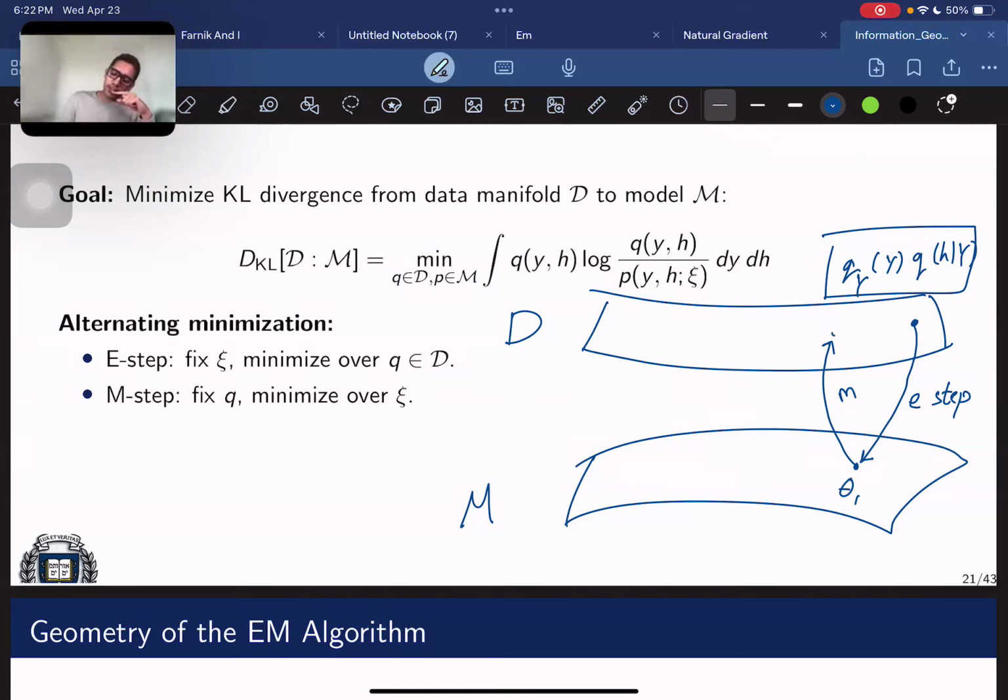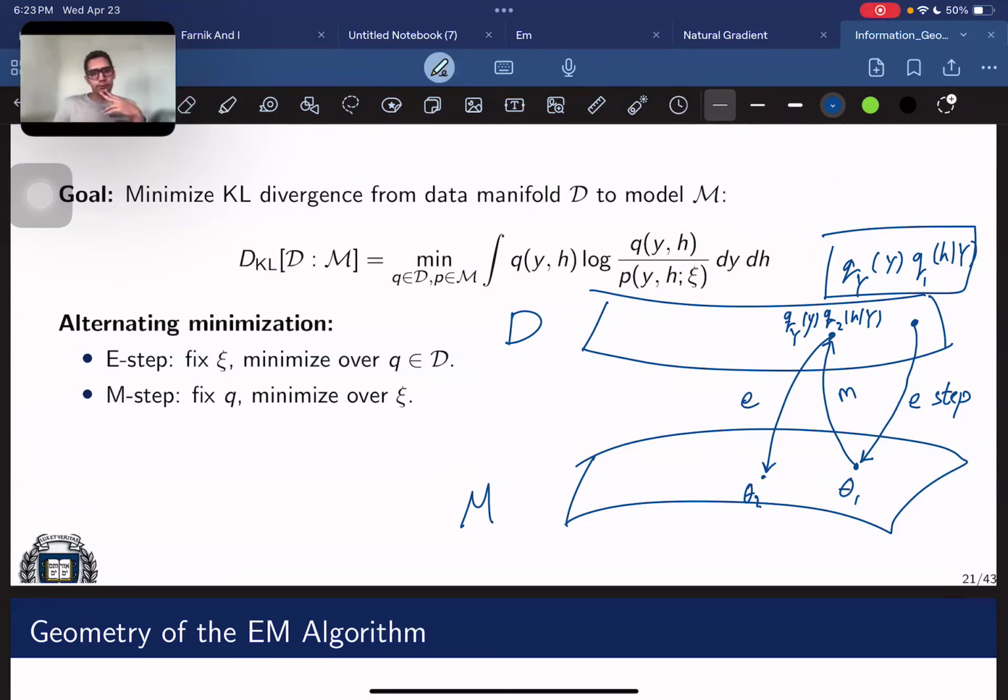What is the first distribution that this distribution is the closest to? You get another belief that your data is coming from, I call it Q1. This is another Q(Y), Q2(H|Y). Then, given that, you take another ES step. It gives you a theta 2.